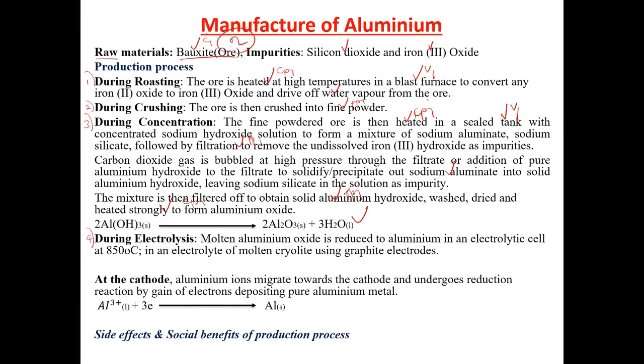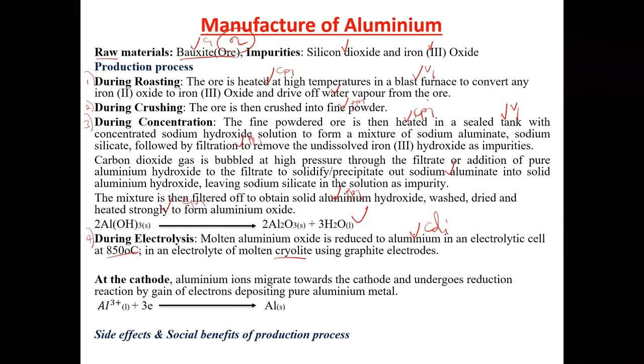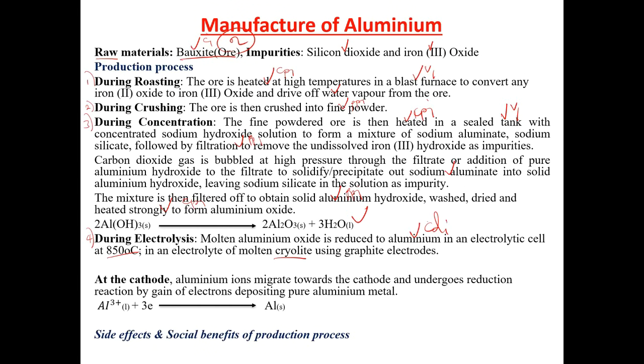Now, during electrolysis, which is our last stage, molten aluminium oxide is reduced to aluminium. This is conversion to the desired product in an electrolytic cell at this temperature, in an electrolyte of molten cryolite using graphite electrodes. At the cathode, aluminium ions migrate towards the cathode and undergo reaction by gain of electrons, depositing aluminium metal.